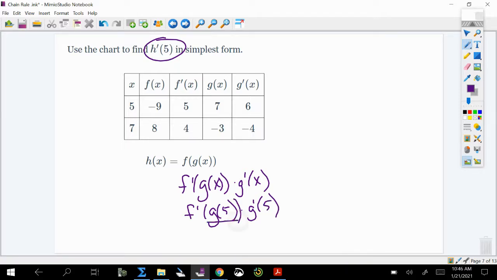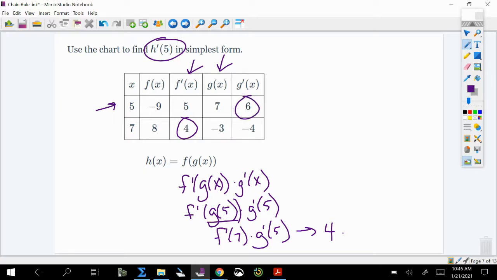Figure out g of 5 first. g of 5 is 7. So you get f prime of 7 times g prime of 5. So then go to my table again, f prime column, f prime of 7 is 4. And then g prime of 5, that's this value, is 6. So my final answer is 24.